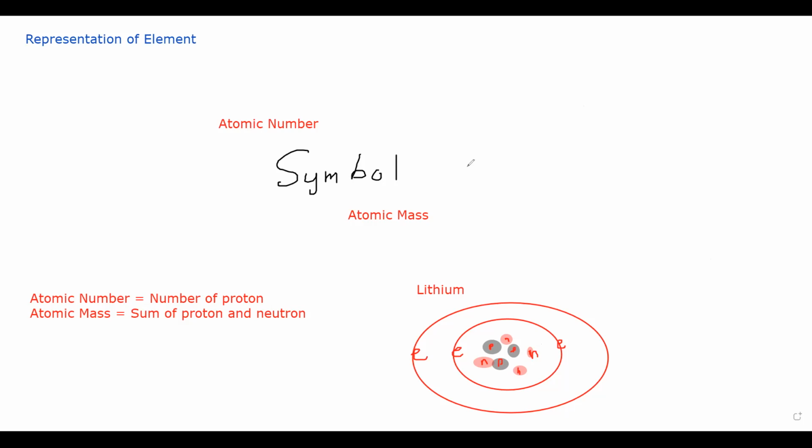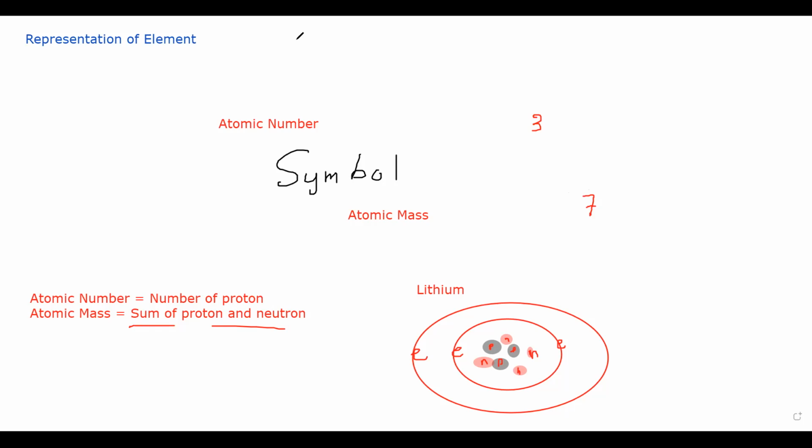Then what about the atomic mass? Atomic mass is the sum of protons and neutrons. When you add the total number of protons and neutrons, that is called atomic mass. So how many protons and neutrons are there? 1, 2, 3, 4, 5, 6, and 7. The total sum of neutrons and protons is 7, so atomic mass is 7.